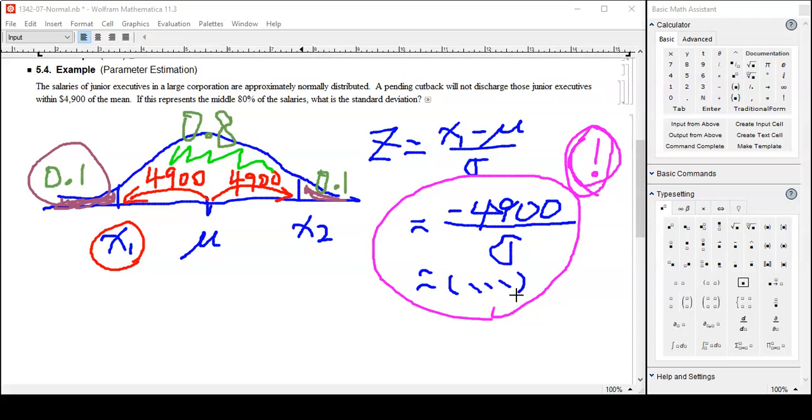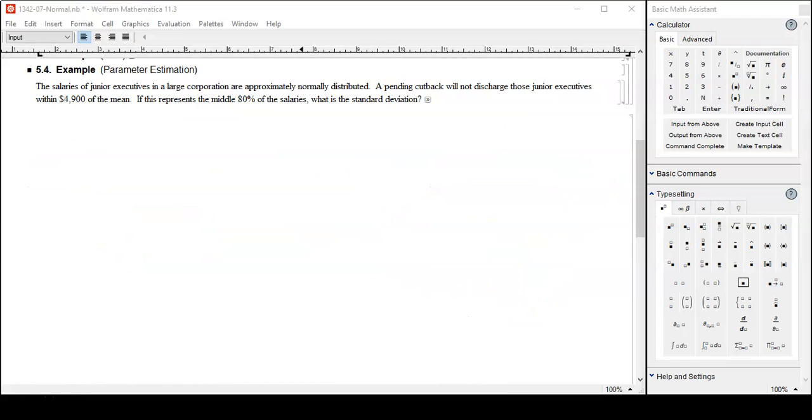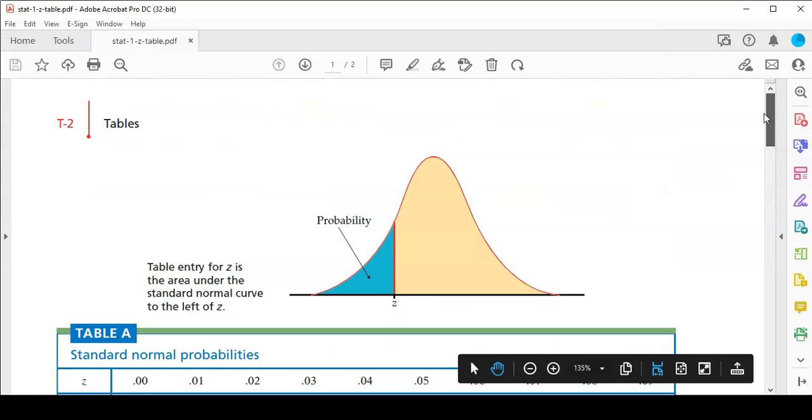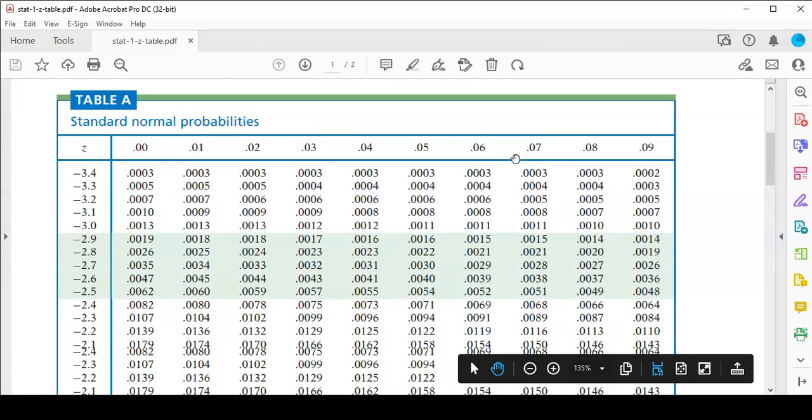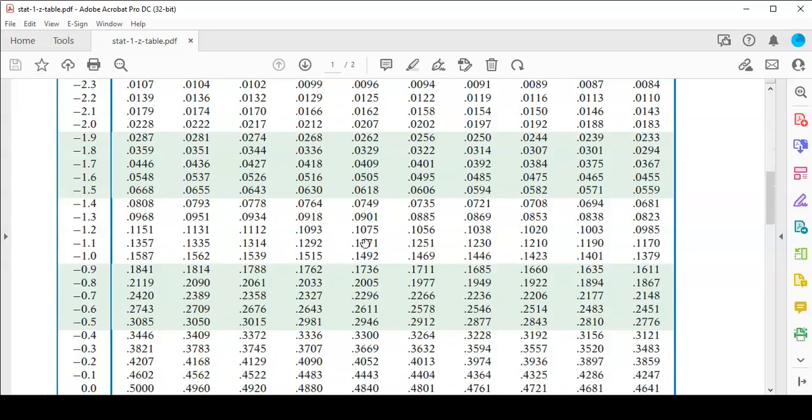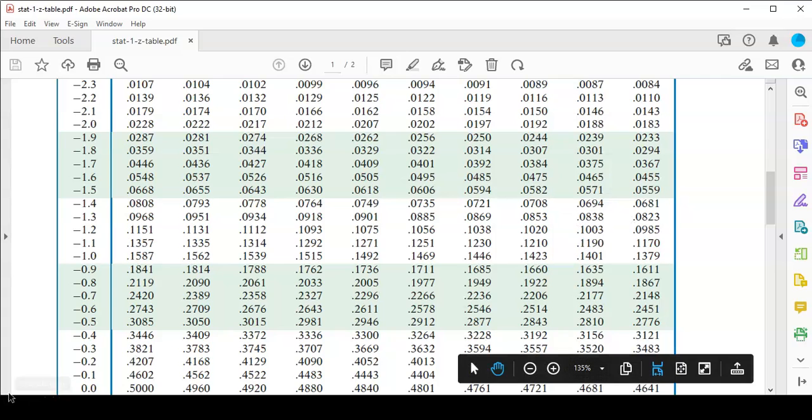Then what is this z-score? Let's get out of drawing mode. Here is the z-table. Let's find the 10th percentile, closest to 10%. 0.1003 is the closest.